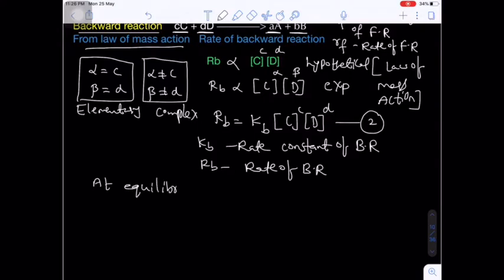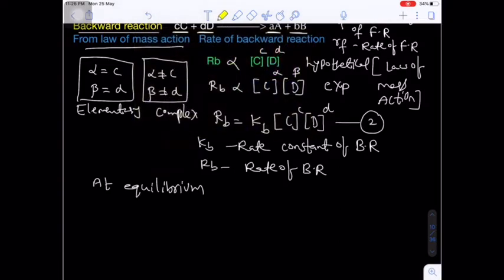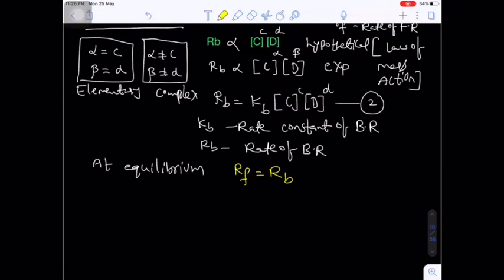What is the definition of equilibrium? It is a state in a reversible reaction at which the rate of forward reaction equals the rate of backward reaction. So now what I am writing here, from equation 1 and 2, rate of forward reaction equal to rate of reverse reaction, backward reaction.